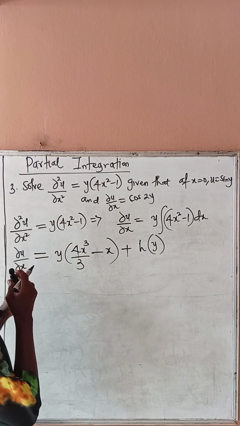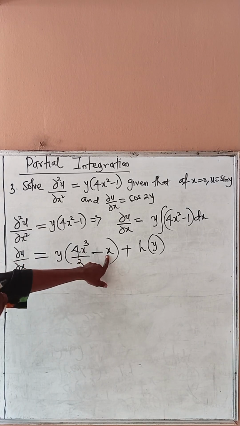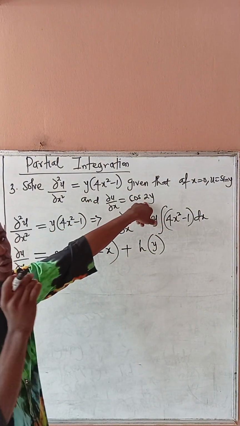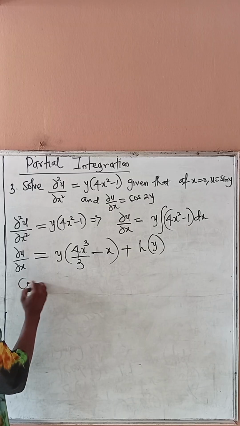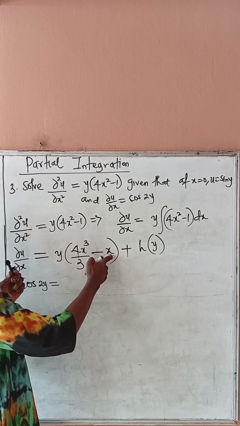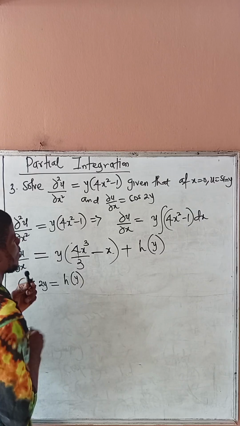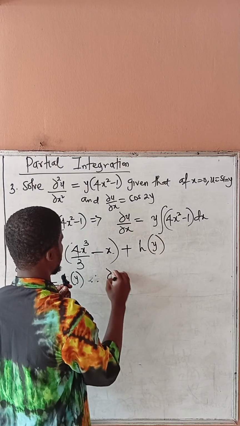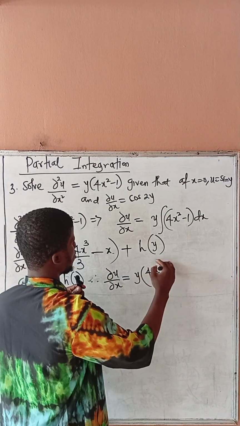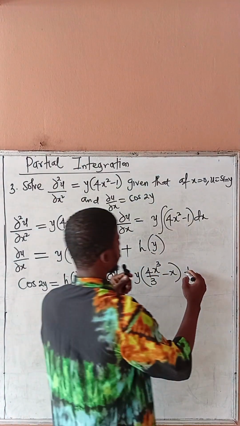I'll need the boundary condition that gives me partial u partial x and x. At x equal to 0, partial u partial x is cos 2y. So this is cos 2y equals, when x is 0, everything in bracket is 0. 0 times y is 0. So what's left? H of y. So the implication is that partial u partial x is equal to y into 4x cubed over 3 minus x plus h of y, which is cos 2y.